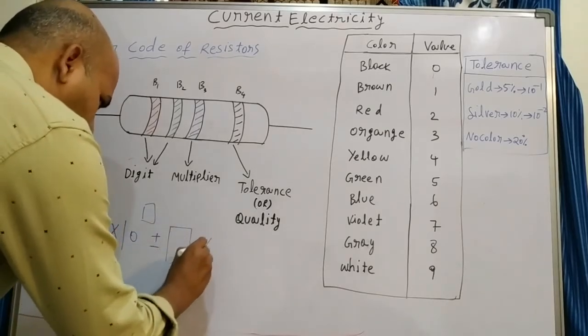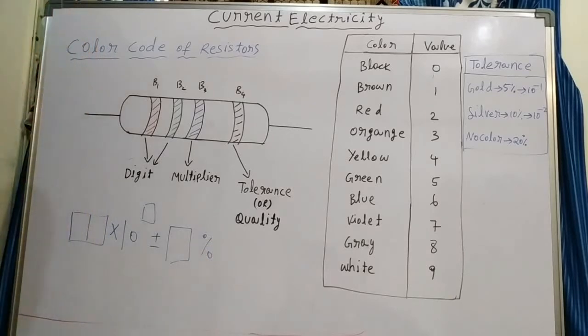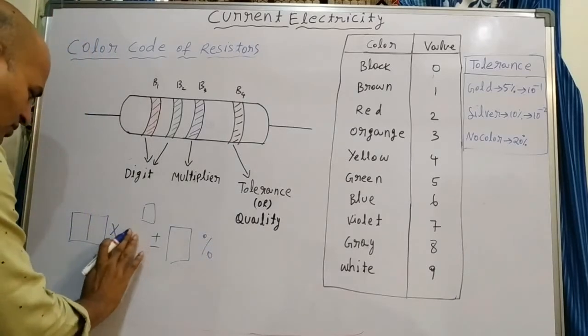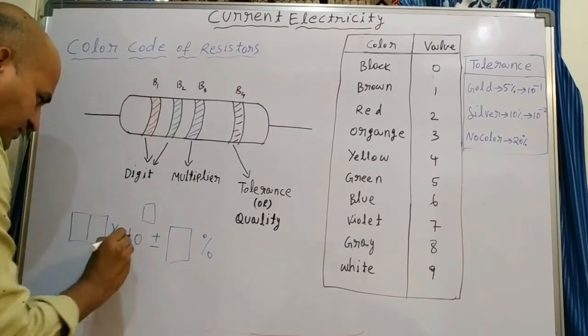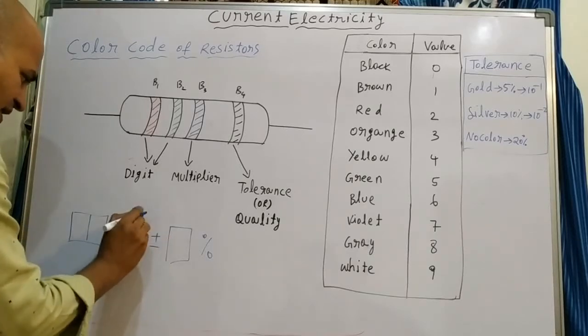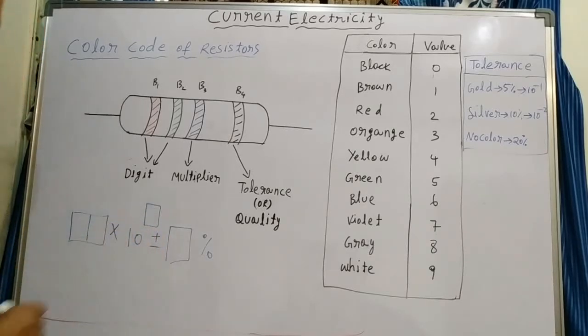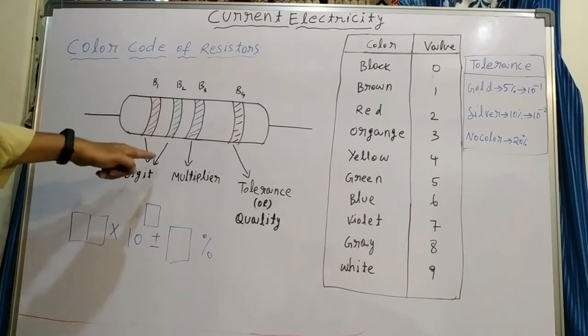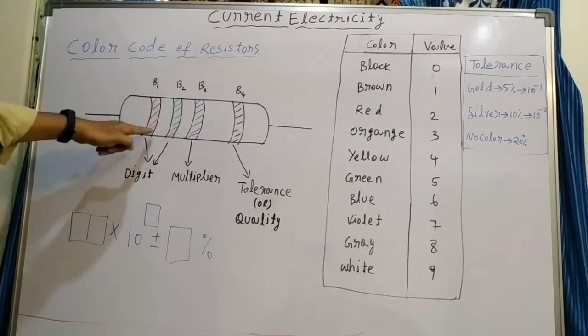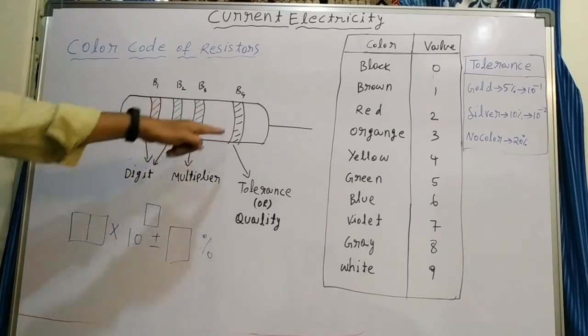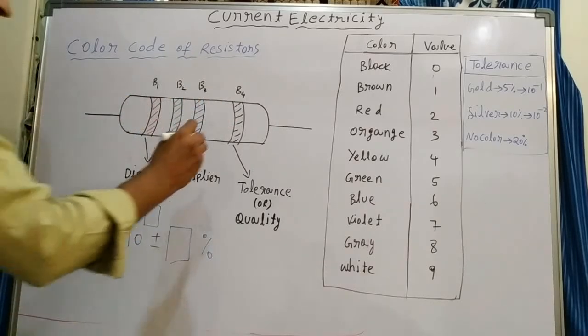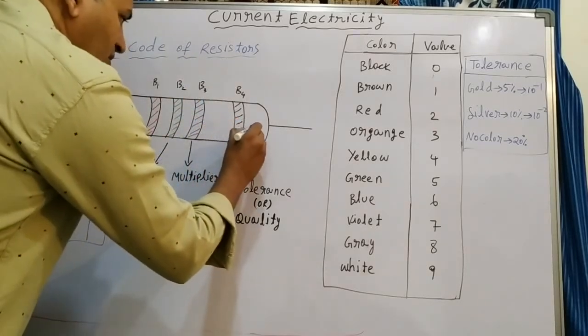This box represents the quality of the resistance. This is the standard format of writing resistance value. So the first 2 bands represent the value of resistance. Suppose for example you can think this is red, green, and here blue, and you take it as gold. Here gold you can think.